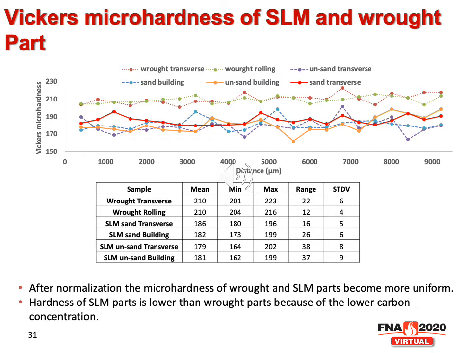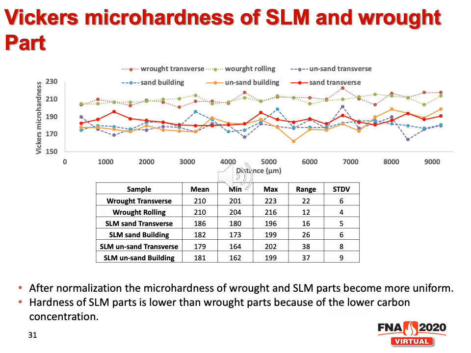The Vickers micro-hardness line scan was conducted on both the transverse and building directions of the normalized selective laser melted part. It can be seen that the micro-hardness of sandblasted and unsandblasted parts are very similar.